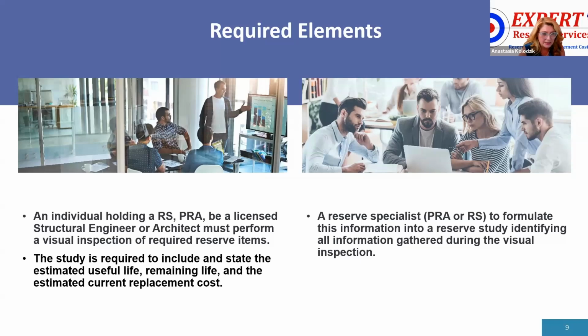Now, what a sliding scale is, is where you take this year's current inflation and you apply it to your report for next year. And then it drops by 1 point until you get down to, we don't usually go any lower than 4% when we do the sliding scale. That will give the association a clear vision of what these components are going to cost to repair or replace.